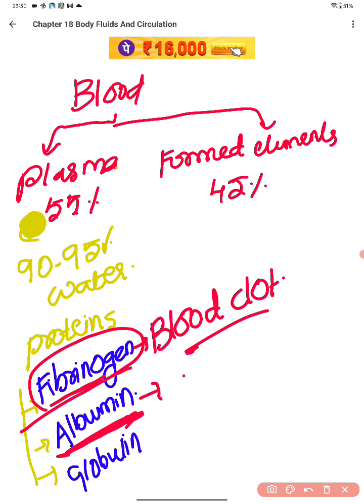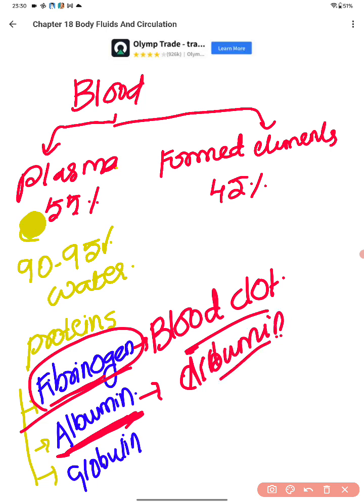So kidney, urine filtration, blood filtration, formation of urine, you will see that albumin is not found in your urine. If it is found in urine, means there is some issue with your kidney, which is not able to function properly, and you are getting albumin in urine. So albumin should be present in the blood, not in the urine. Okay, I will tell you detail about this again later.